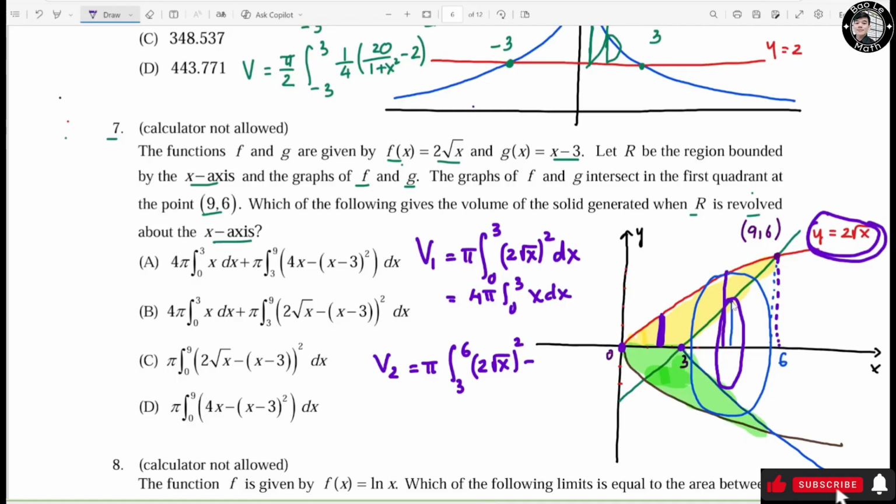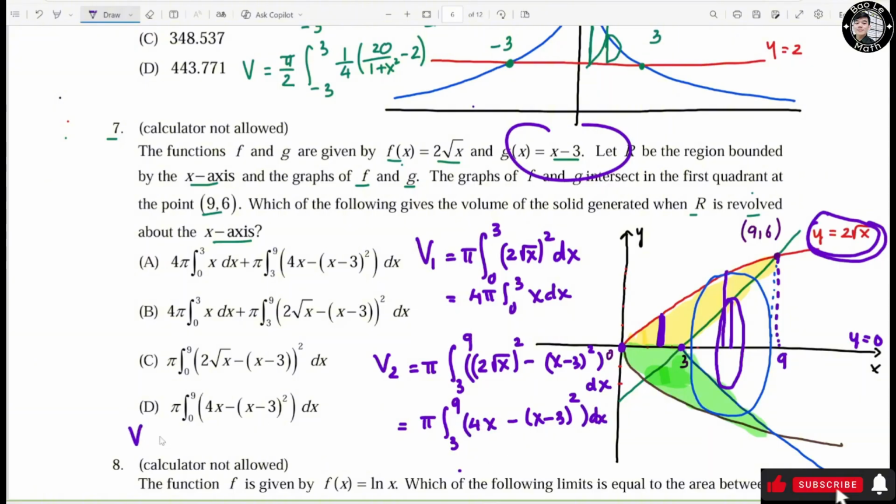Subtract the inner radius, which is the function s minus 3 subtract 0, since the x-axis is y equals 0, altogether squared. Then we put ds outside. I'm going to simplify this. It's pi times the integral from 3 to 6 of 4s subtract (s minus 3) altogether squared ds. Finally, V equals V1 plus V2. So the answer must be A.